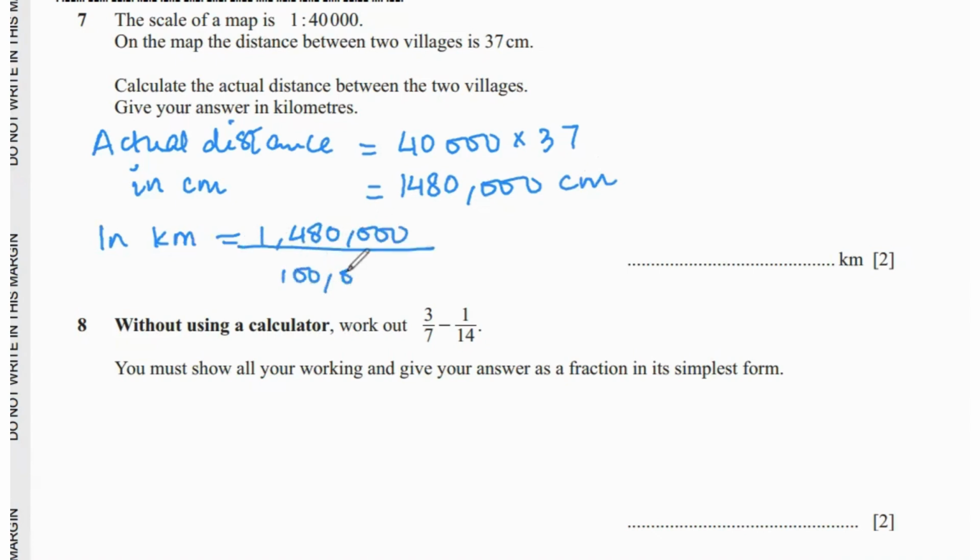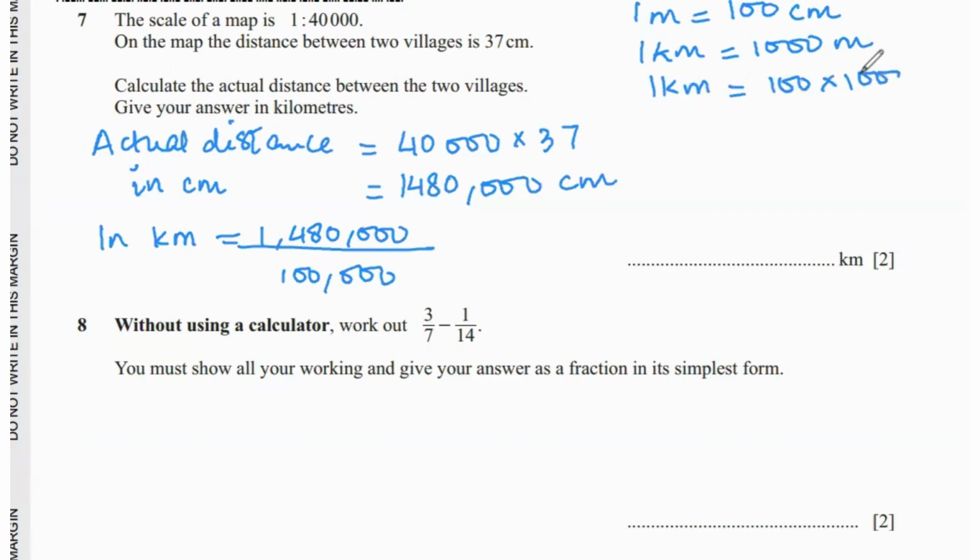So now in kilometers, we will divide this by 100,000. Why will we divide this by 100,000? Because 1 meter is 100 centimeters, and 1 kilometer is 1,000 meters. So to convert kilometers into centimeters, you multiply 100 by 1,000, which is 100,000 centimeters.